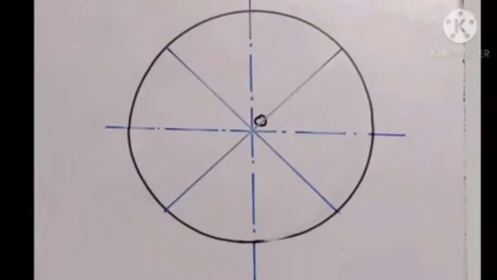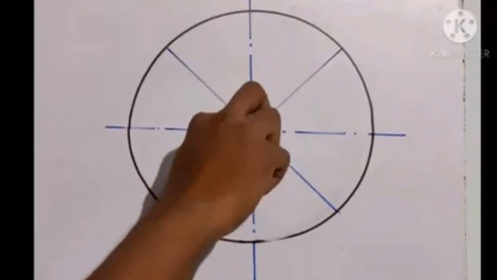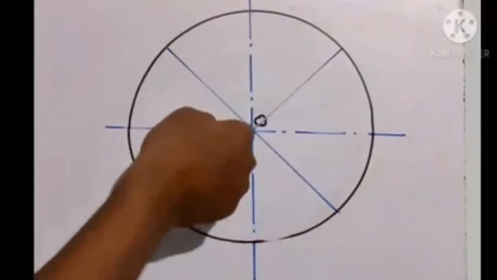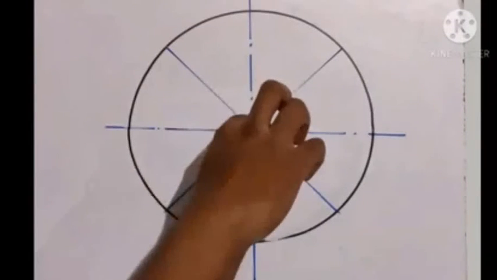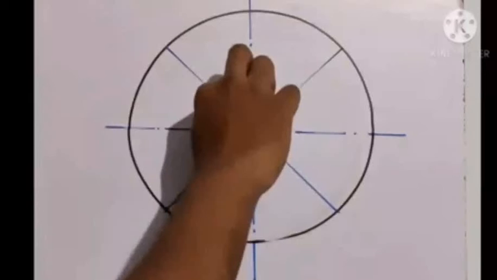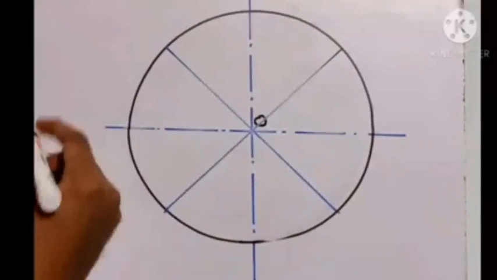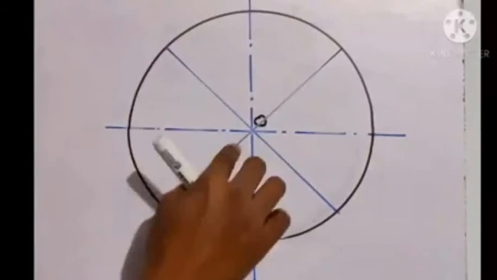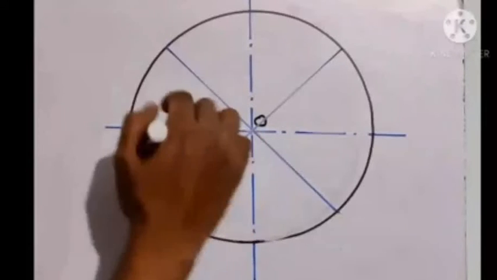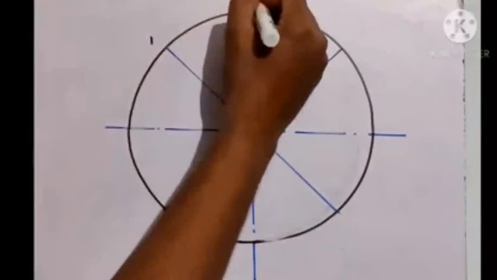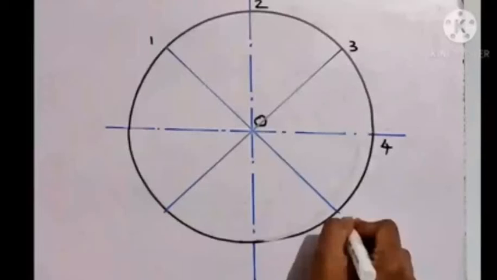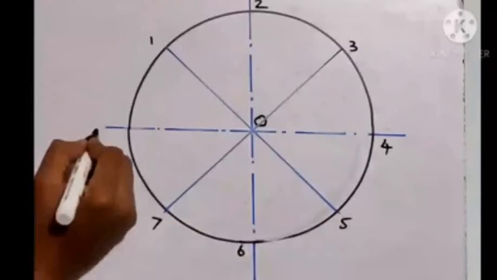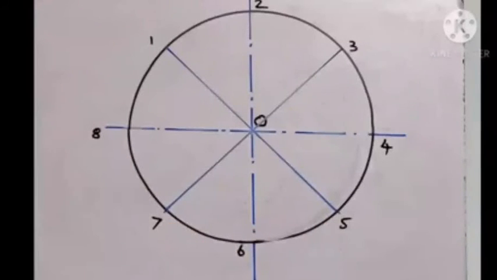Next we need to decide whether the spiral goes in the clockwise or anti-clockwise direction. If you are assuming the spiral goes clockwise, the numbering should also be done in the clockwise direction. So let's assume this is the base. From here you number 1, 2, 3, 4, 5, 6, 7, and this is 8.